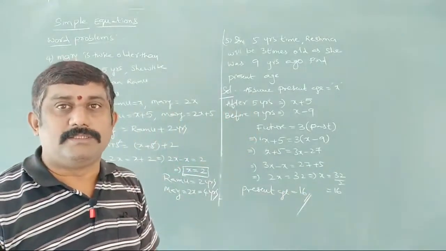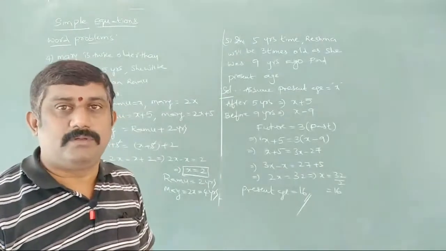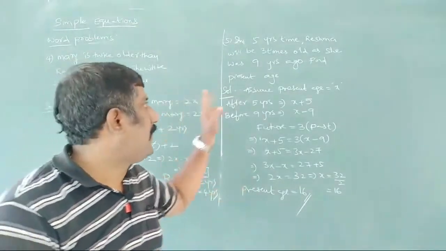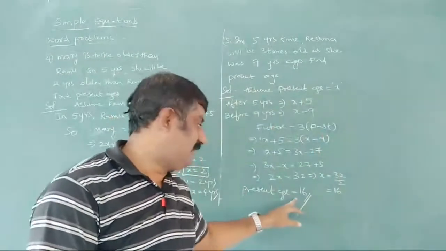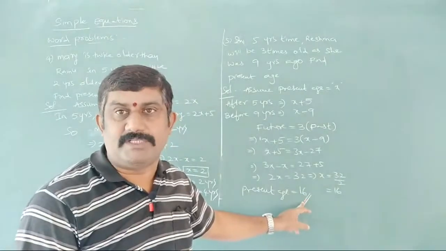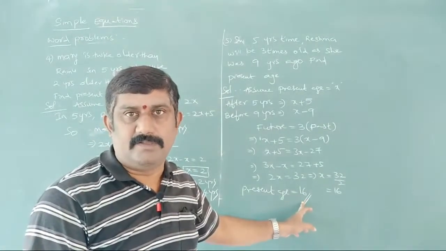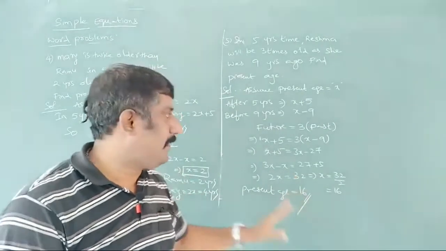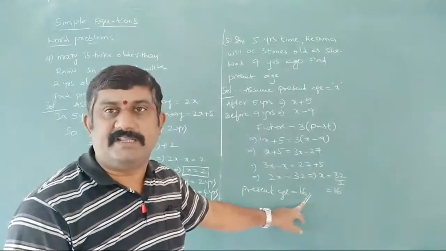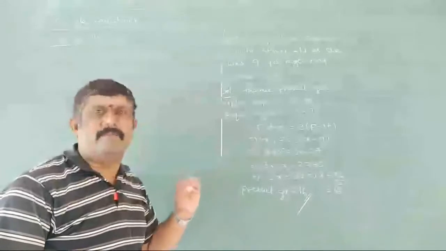Now just let us check whether we did correctly or not. After 5 years, present age is 16, 16 plus 5, how much is it going to be? 21. 16 plus 5 is 21. Before 9 years, 16 minus 9, how much is it? Problem on ages only we are going to take, very simple problem.